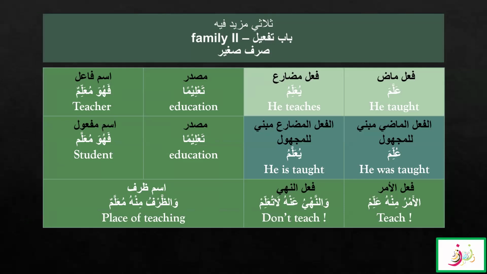That is why we are only going to look at the siga of this فعل ماضي مبني للمجهول, and we are going to focus on this majhul part for فعل ماضي and فعل مضارع both. And inshallah we are going to see how these four are different from each other in all the families.